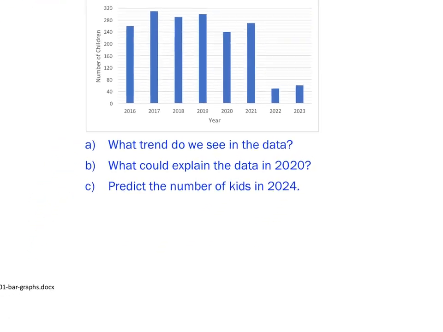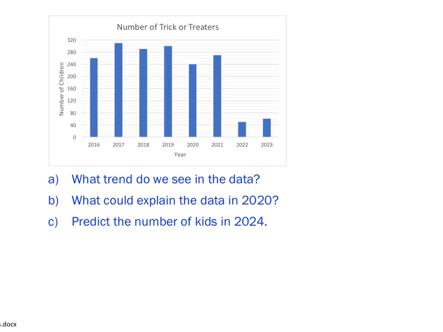Well, that is kind of the trend, but we'll write it out. So part A, we'll say there's high numbers, 240 to 310 for the first 6 years.